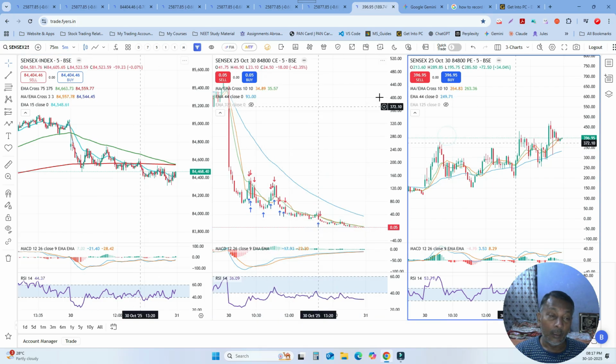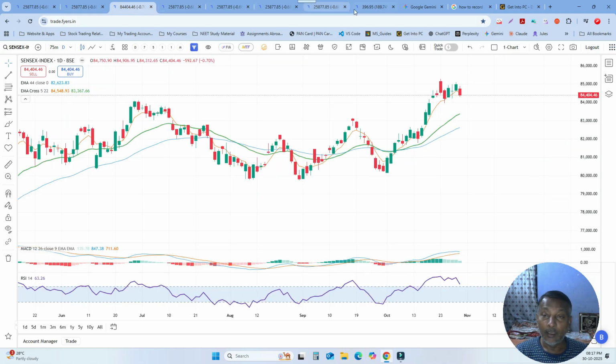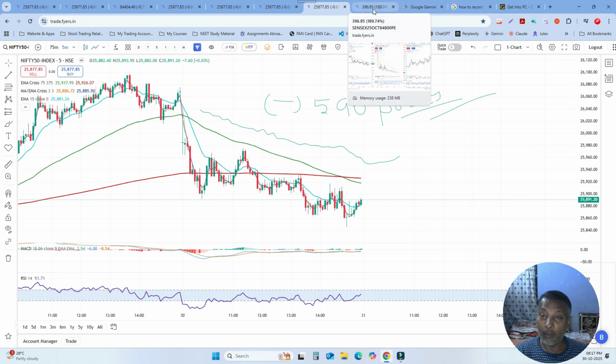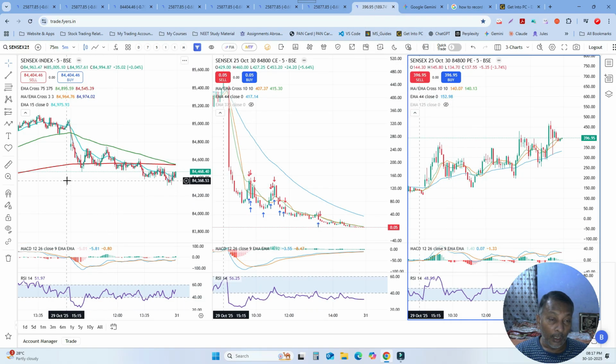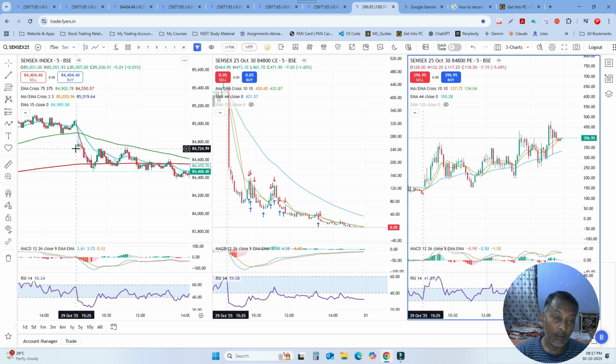But assuming the market would go 600 points lower, as it went about 500 points lower, say 500 points down, 84,800 minus 400 is 84,400.